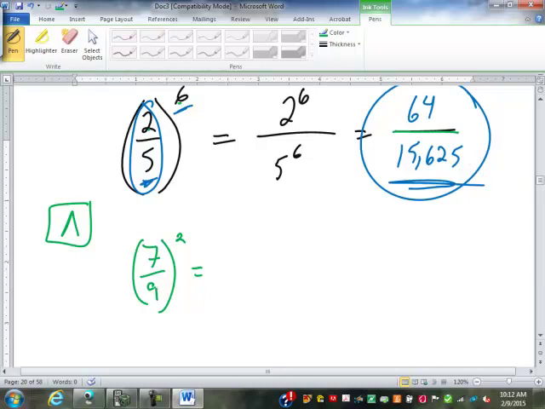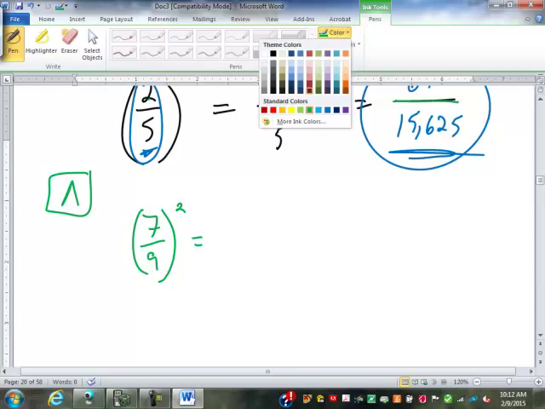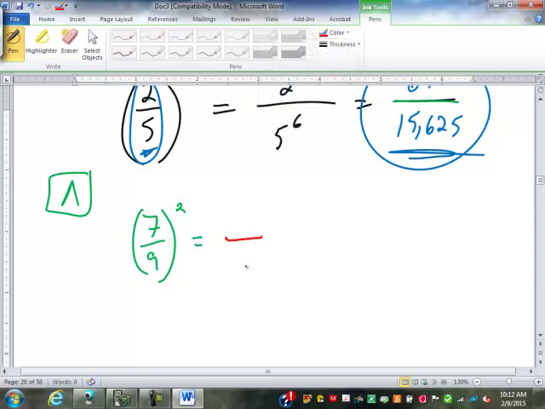So I want you to try this one. 7/9 squared. Tell me what you're going to get. 49 over 81. Cool.